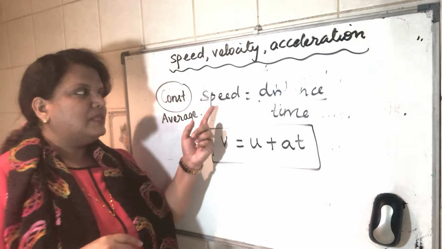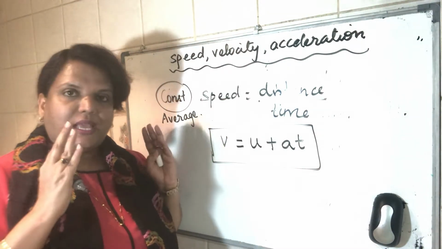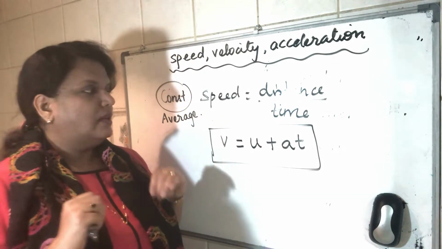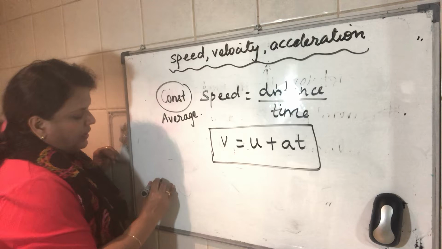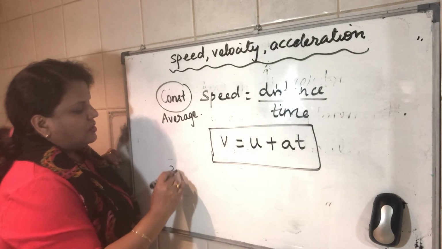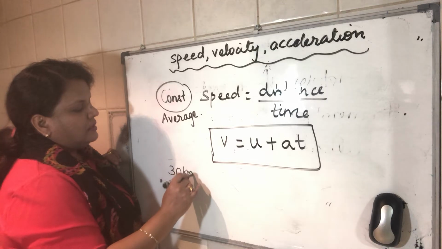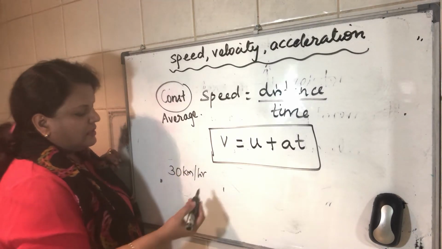Now, average speed: what's the difference between average speed and the actual speed? I'll give you an example. Say an object starts from this point, A, and travels to B at 30 kilometers per hour.